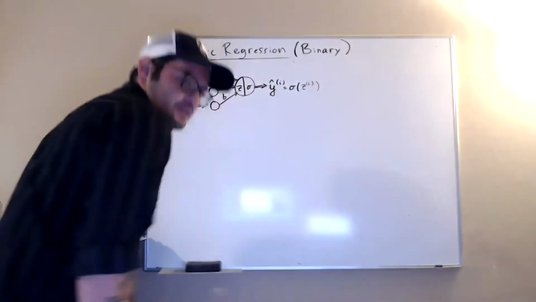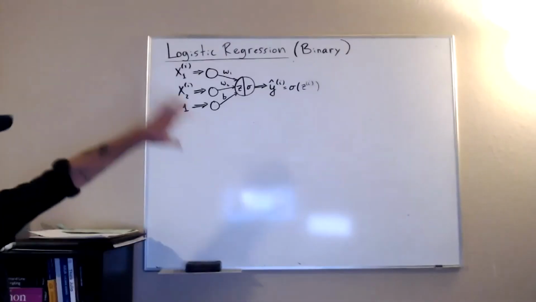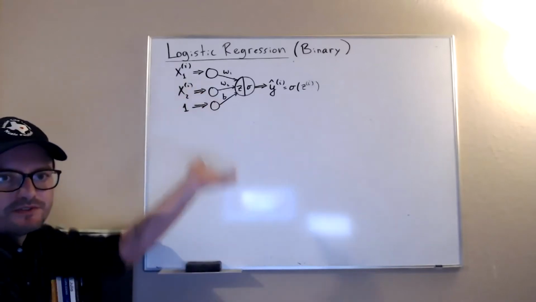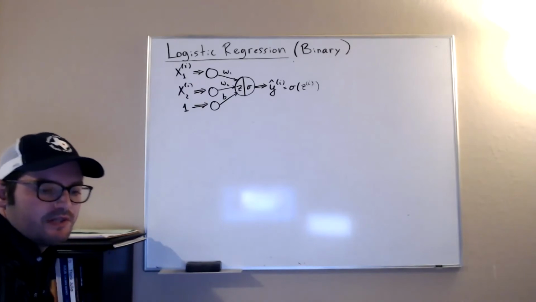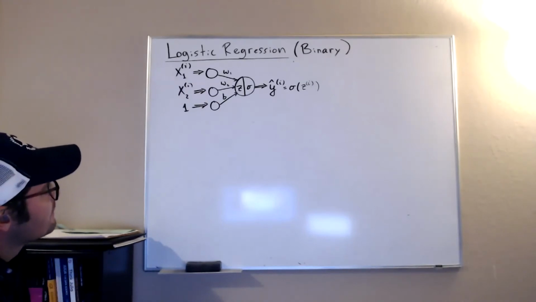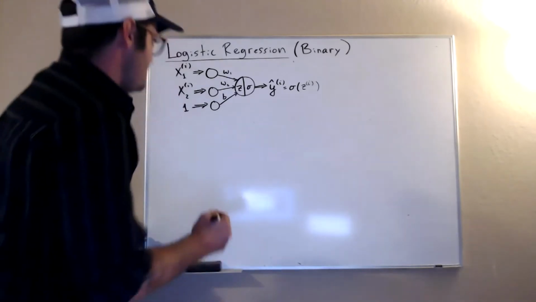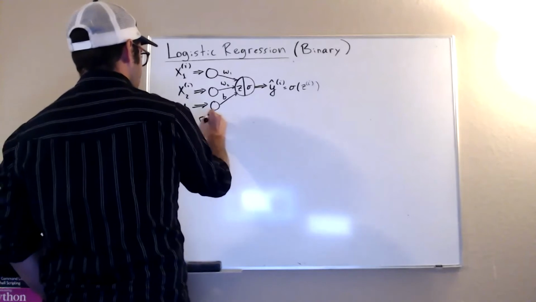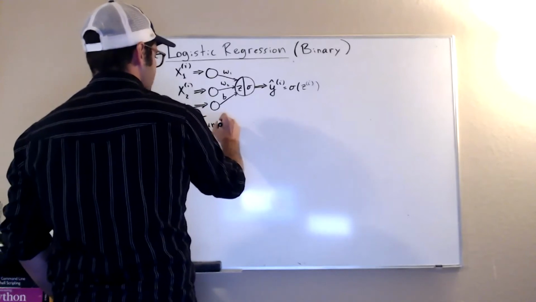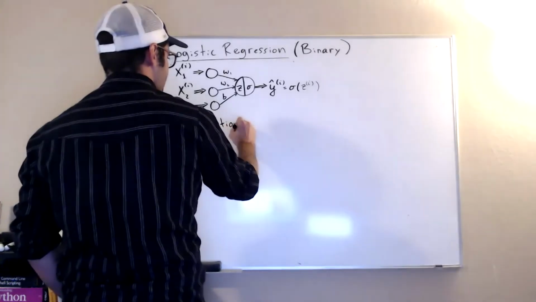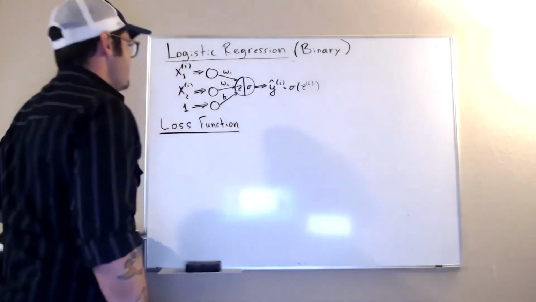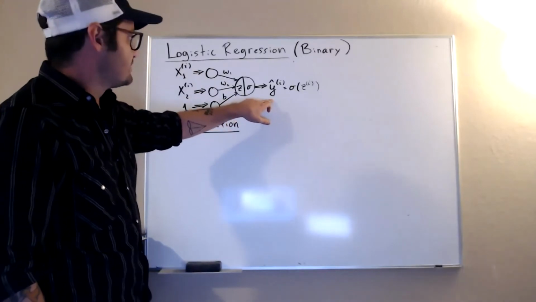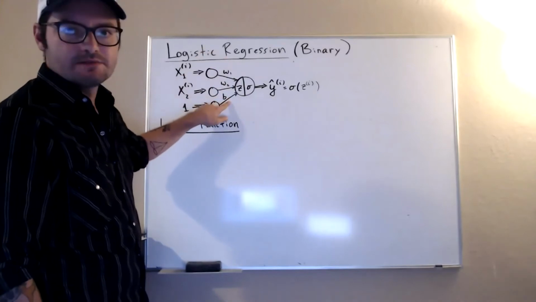Okay, so we have part one of building our neural network. It's built, it's done. So now we need to consider the next step, which is coming up with a loss function. The idea that we're working with here is that we have a way to predict a probability that's based off of the weights and the bias.